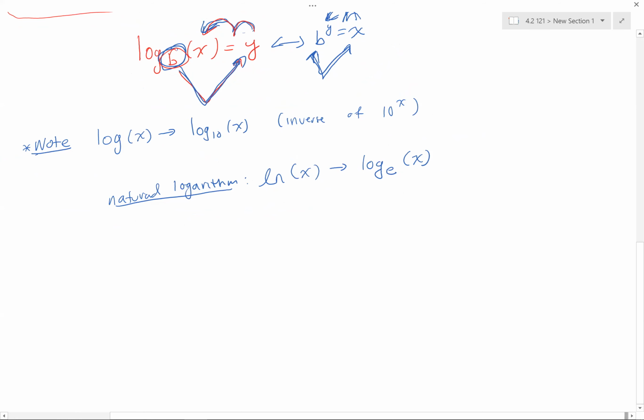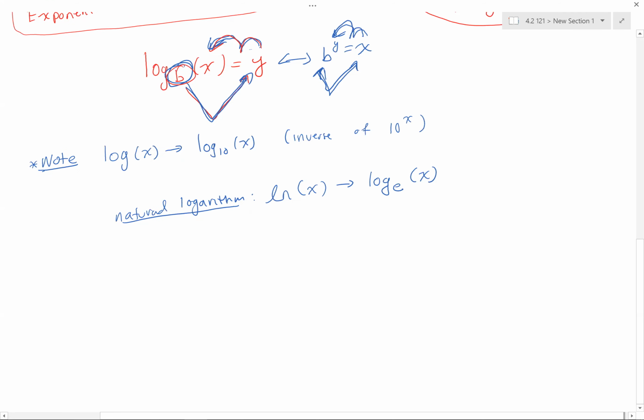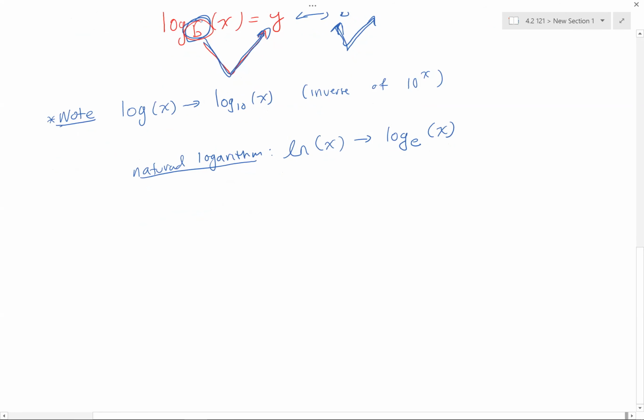Now, just a word of warning, these aren't universal definitions. These are common definitions for this level of material, but some software, some companies default into saying log of x is the same thing as ln of x. Some sources will tell you that they are the same. So just a word of warning there.